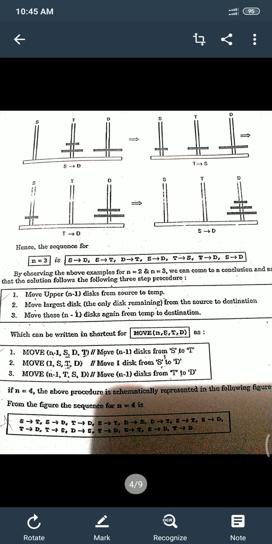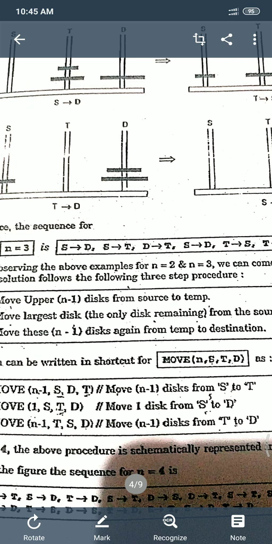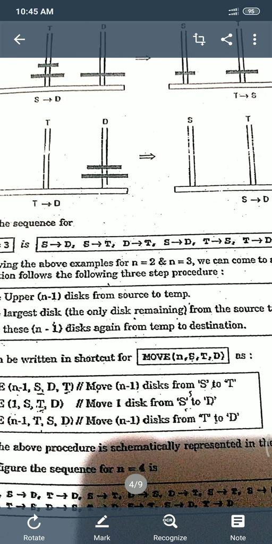See, all these 3 steps have a meaning. Move(n minus 1, s, d, t) means move n minus 1 discs from source to temporary. Second, move(1, s, t, d) means move 1 disc from source to destination.